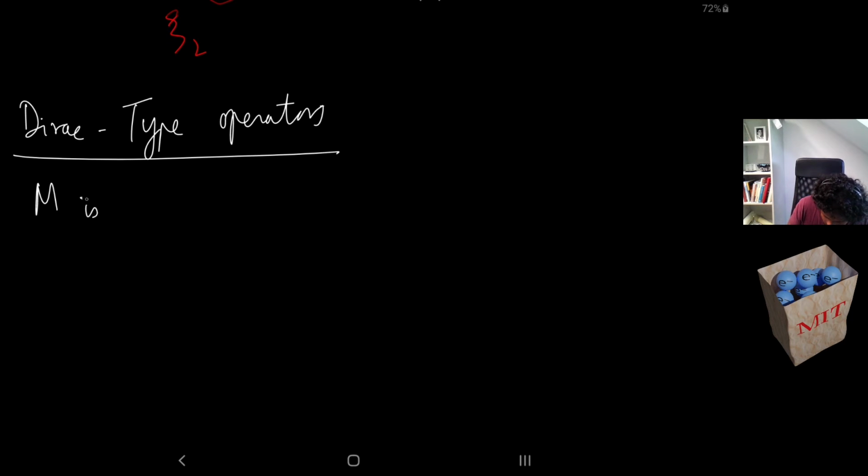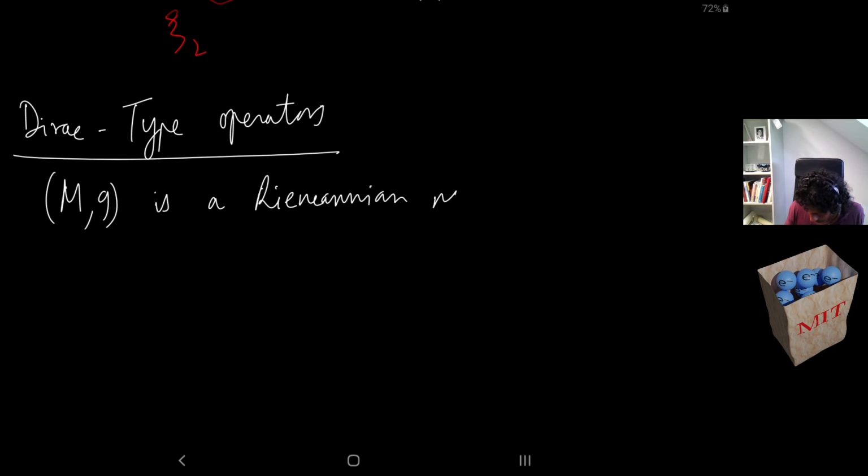So (M, g) is now a Riemannian manifold with boundary, right? With boundary.